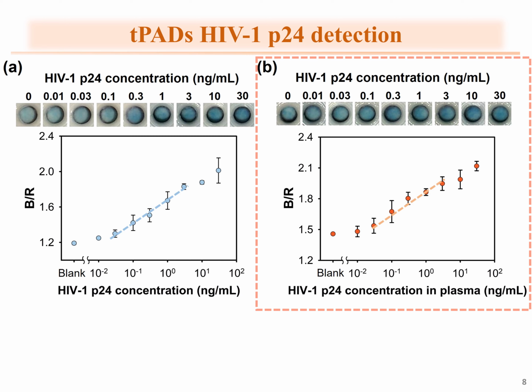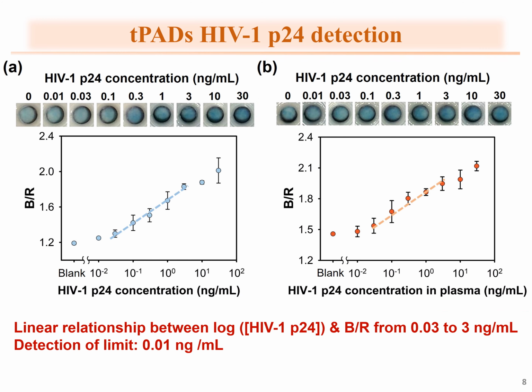The resulting BR values of the detection wells increased as we increased the HIV-1 P24 protein concentration in the plasma. The linear detection range was from 0.03 nanogram per milliliter to 3 nanogram per milliliter with an R-square of 0.97, and the detection limit was 0.01 nanogram per milliliter.